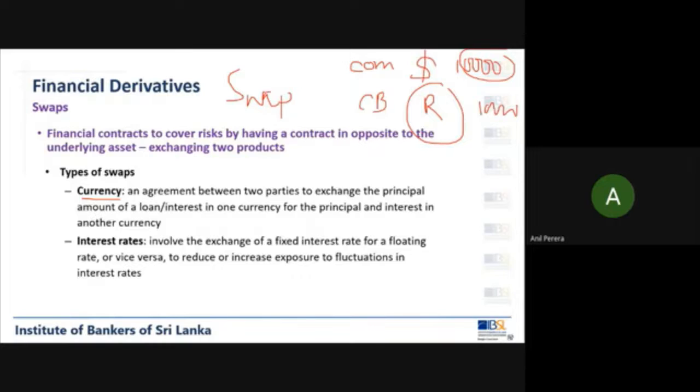To minimize that, you borrow at a fixed rate, and maybe you can lend money at a floating rate with some other party. So again, you are doing some swapping of money with the fixed interest rate and the floating interest rate to minimize the loss due to interest rate variations.